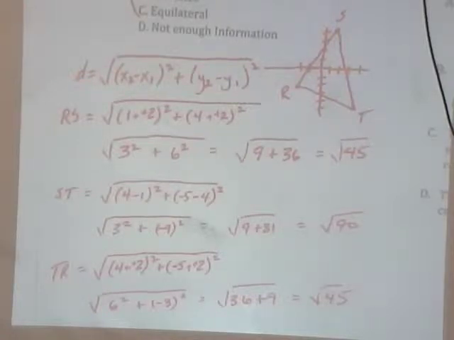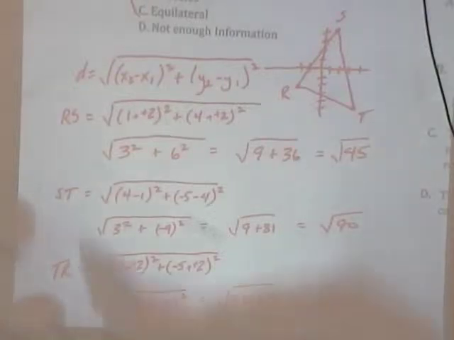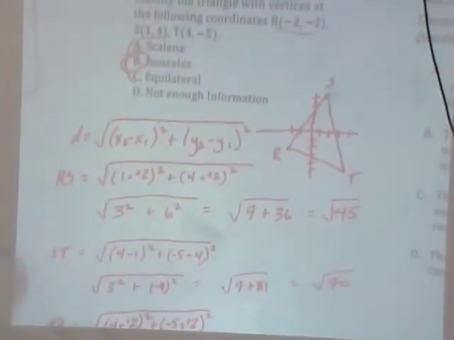What do we notice about the side lengths? RS and TR are the same. 2 of them are equal, so what kind of triangle is it? Isosceles triangle, right? Any questions on 18?